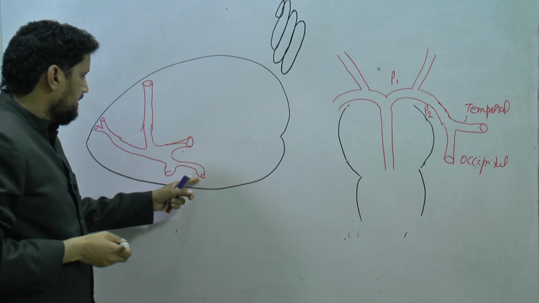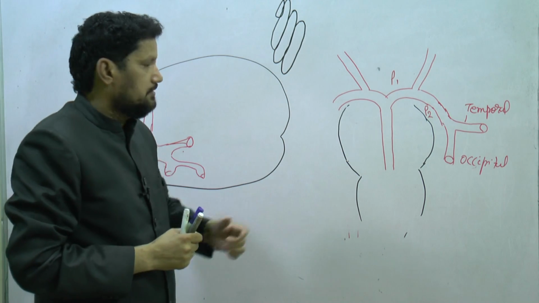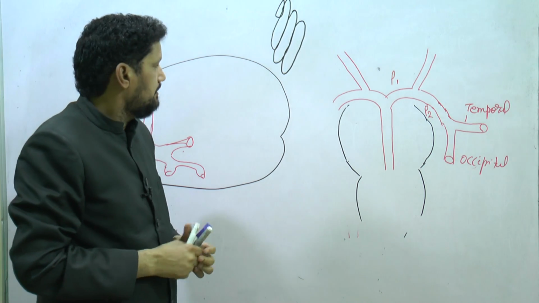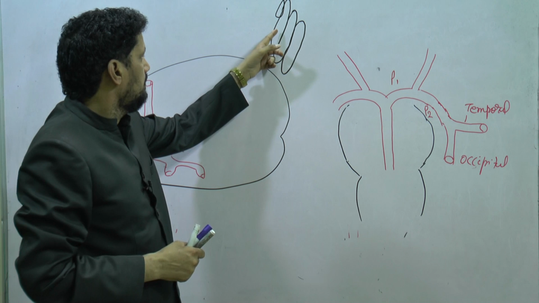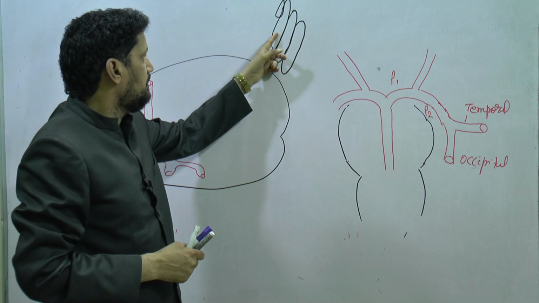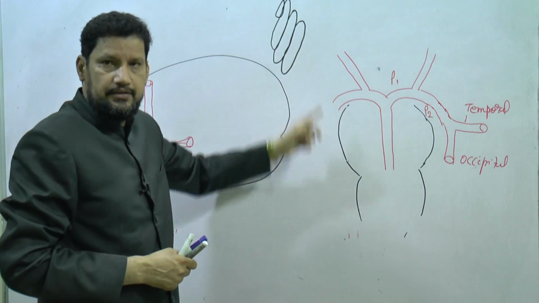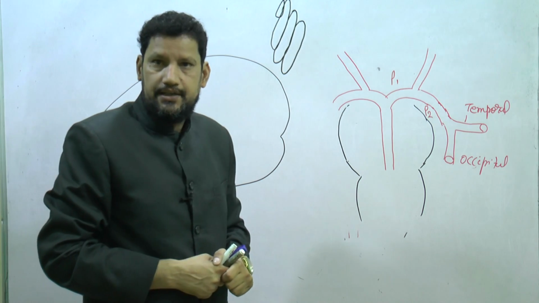So the anterior and posterior temporal arteries, which are branches of the posterior cerebral artery, are supplying the uncus, the parahippocampal gyrus, the medial and the lateral occipito-temporal gyri.